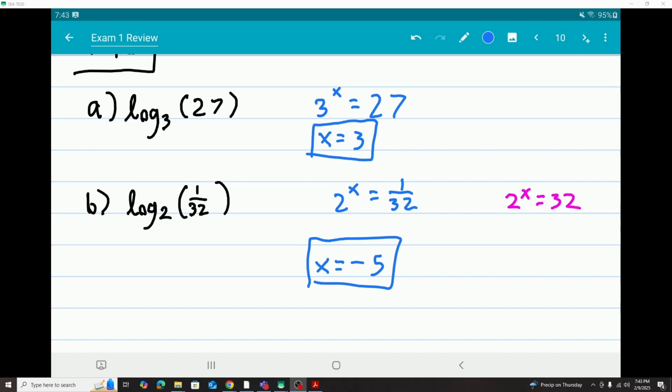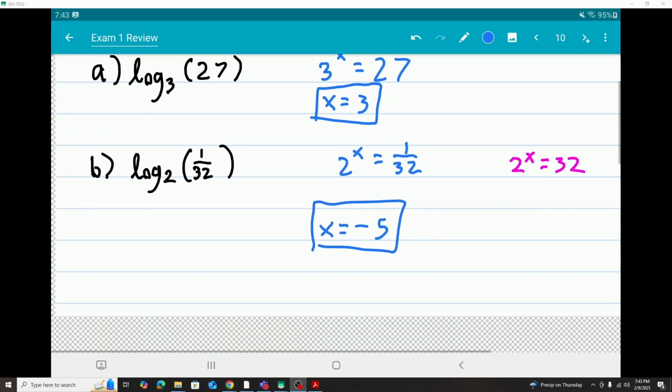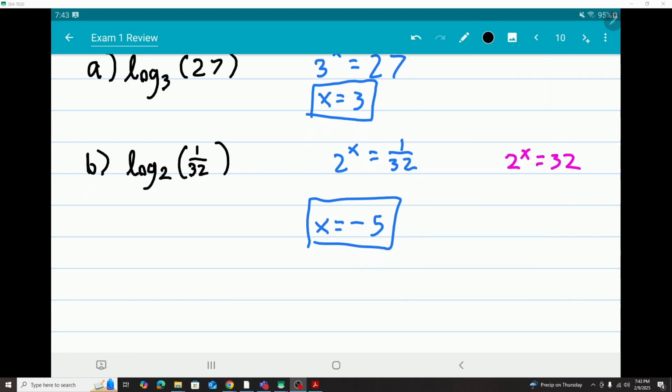And then finally we have log base 100 of 10. So this one's written a little bit sneakily. We want to say, what power do I need to raise 100 to, to get 10?